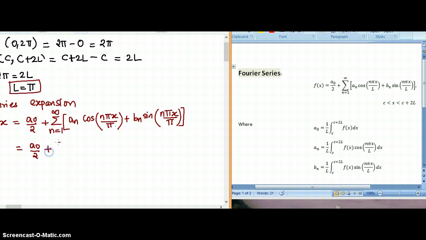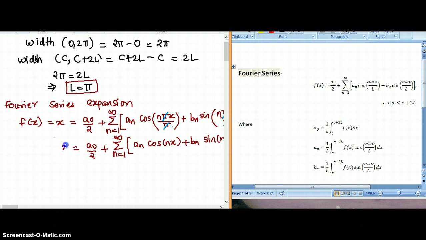We can simplify it: here it is π and π, and since it is in the argument, we can cancel it. So we get a0 over 2 plus summation of an cos(nx) plus bn sin(nx). This is the Fourier series expansion of our function x.